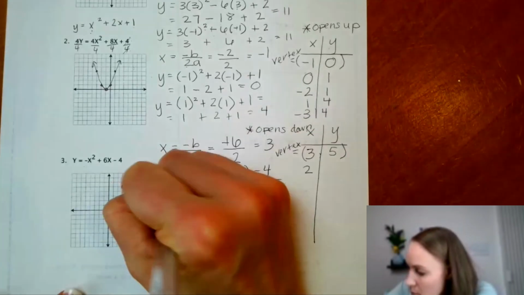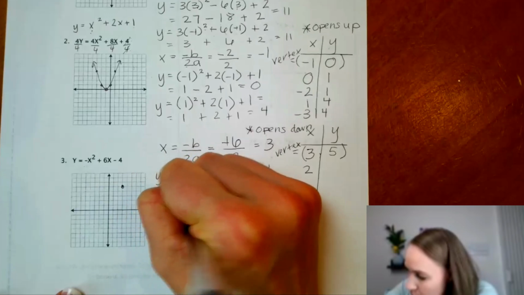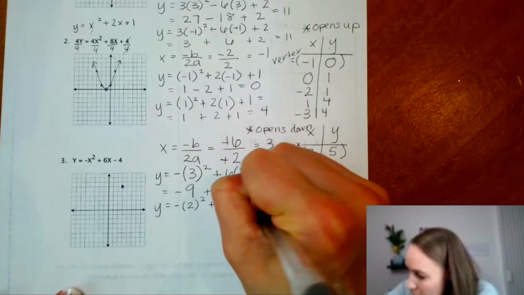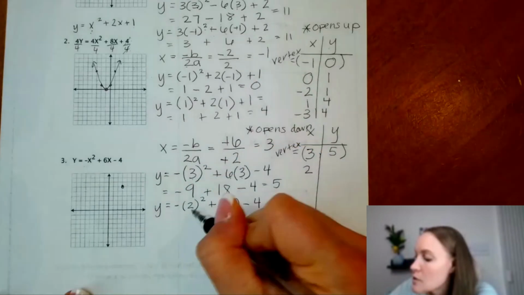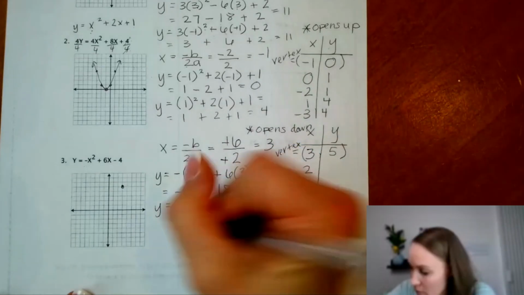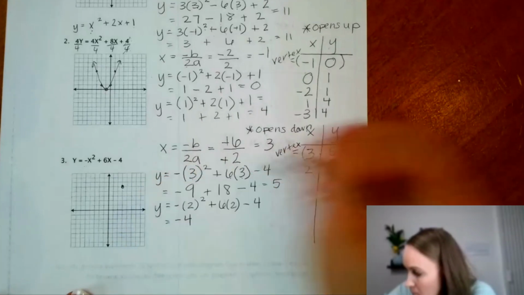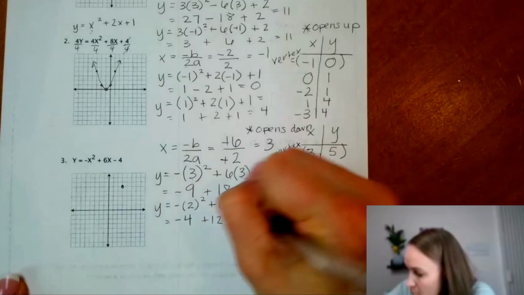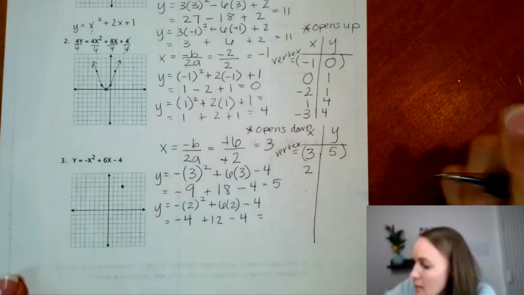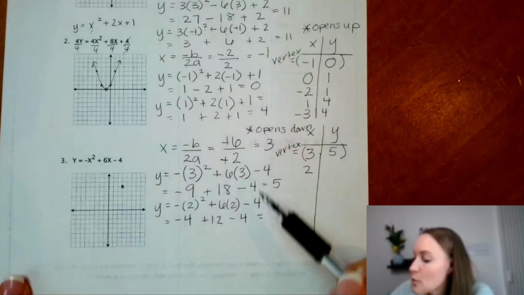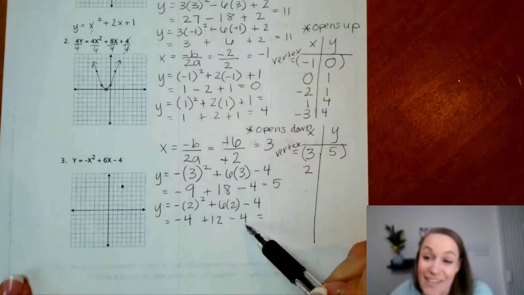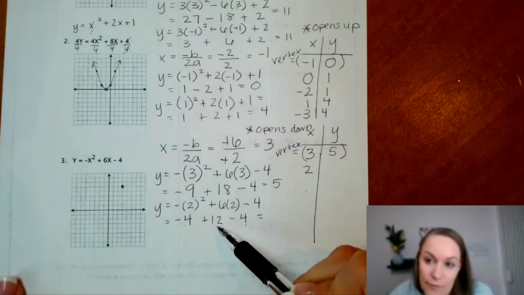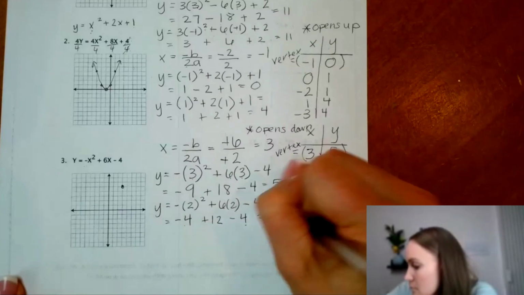So y equals negative positive 2 squared plus 6 times 2 minus 4. 2 squared is 4, negative 4. 6 times 2 is 12, so plus 12 minus 4. So negative 4 plus negative 4 is negative 8. So negative 8 plus 12 is positive 4.